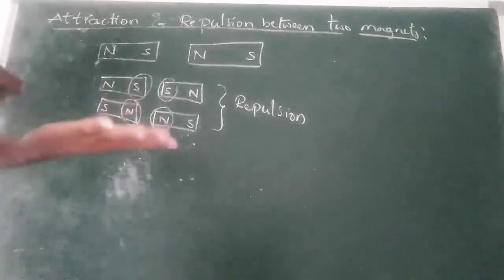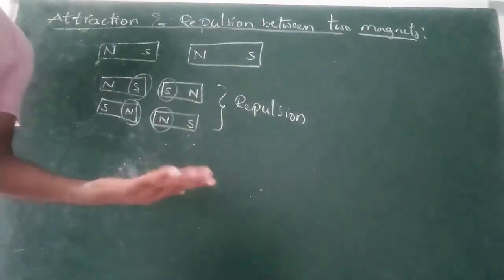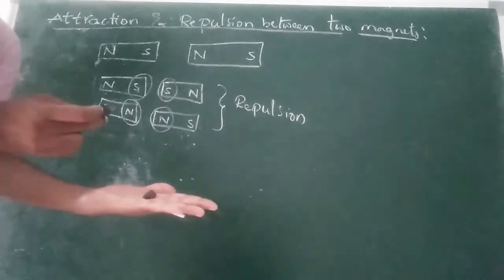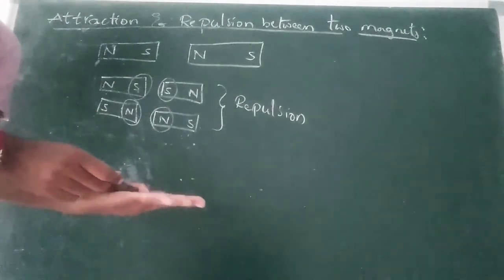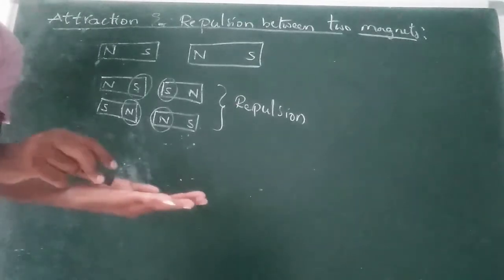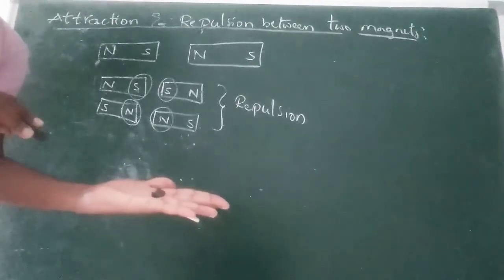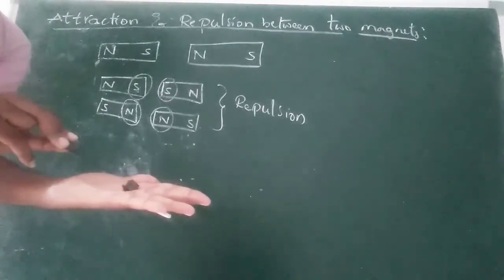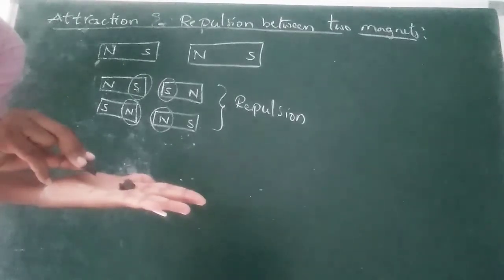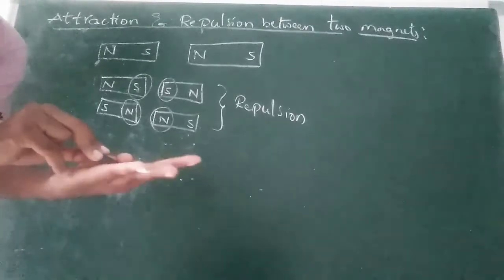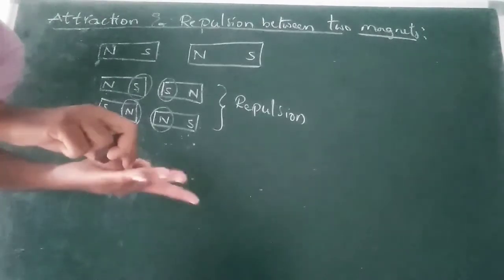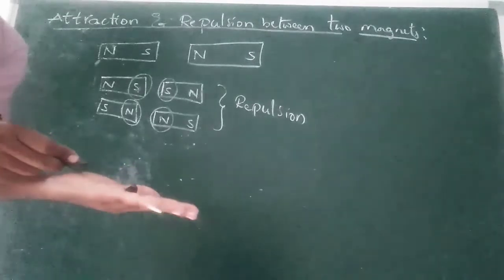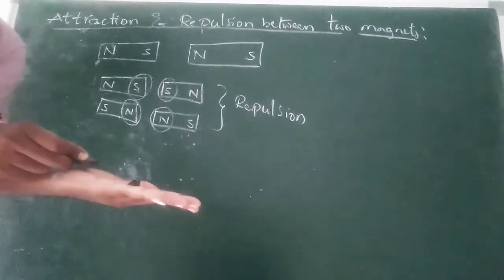Let's observe here. It is a magnet. Can you see or not? It is a magnet, and there is also a magnet in my hand. Observe clearly. If I keep one magnet nearby the other magnet, this magnet should move away from it.